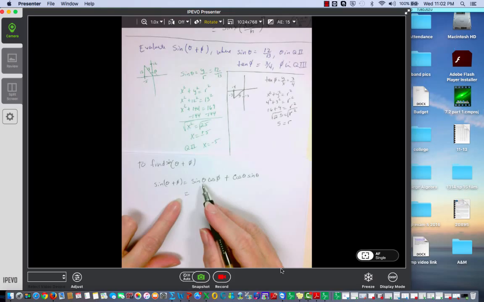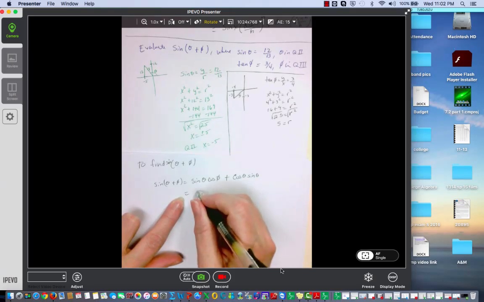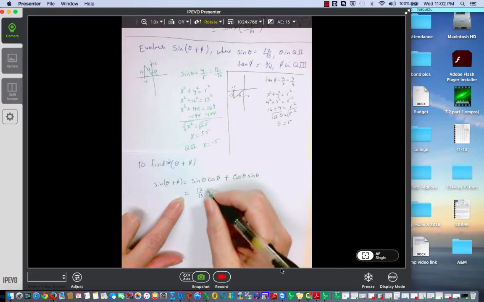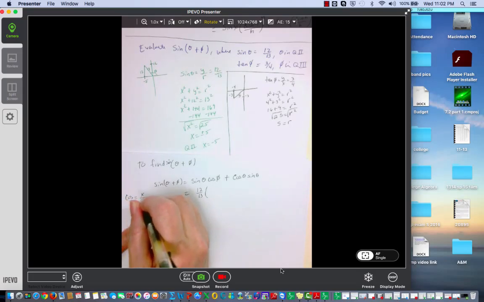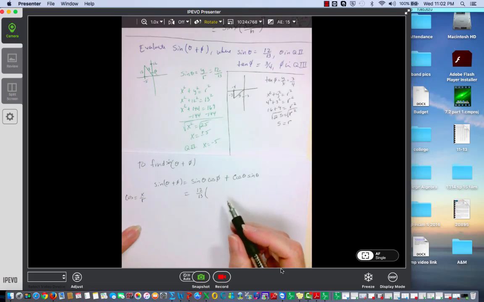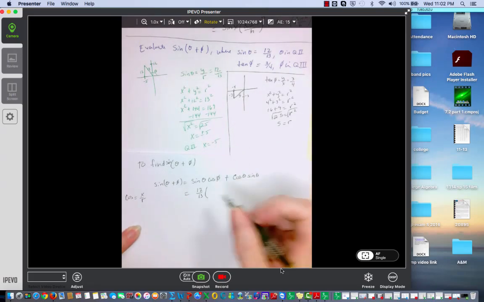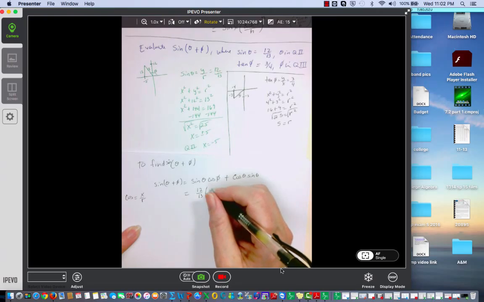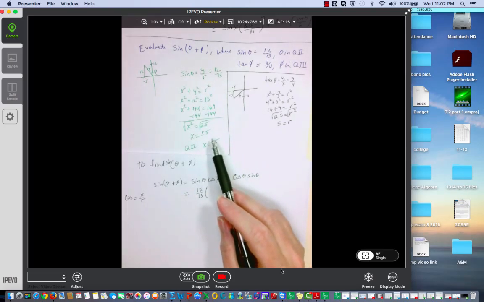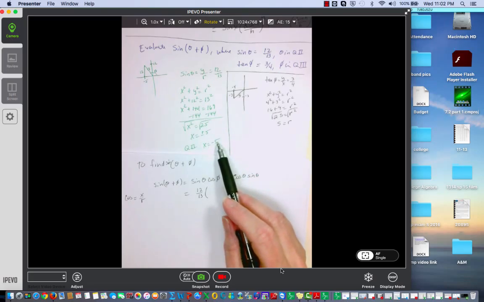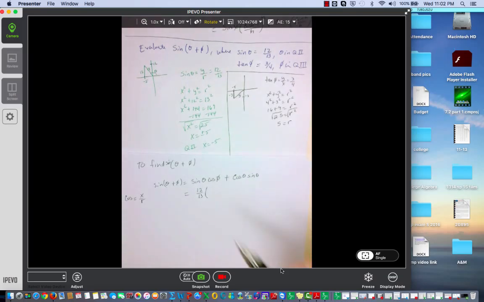So what is the sine of theta? The sine of theta was given to us, so that'll be 12 over 13. And the cosine of theta, we need to figure that one out, right? So cosine is equal to x over r. So x value is negative 5, and... no, I'm looking at the wrong one.